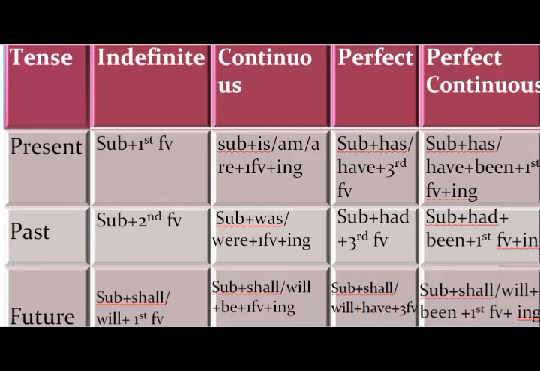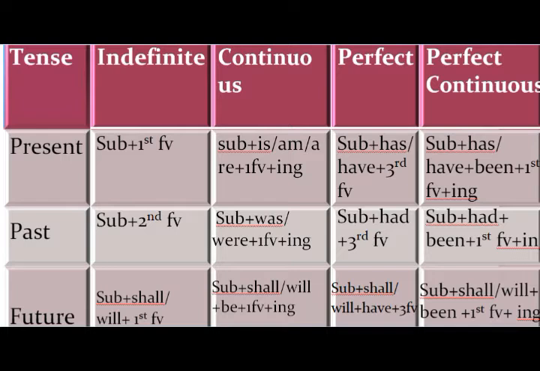See, students, keep in mind that in present tense, we use first form of verb with subject, while in past tense, we use second form of verb. And wherever we use shall or will, it's future tense. Okay, means in future tense, we always use shall or will with subject and first form of verb.